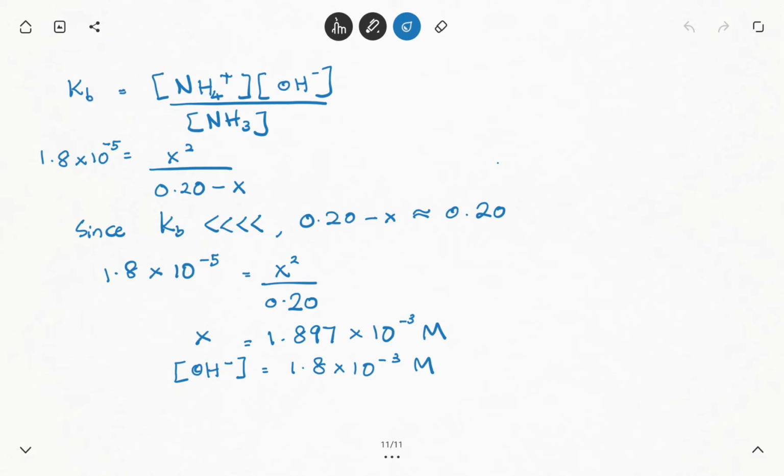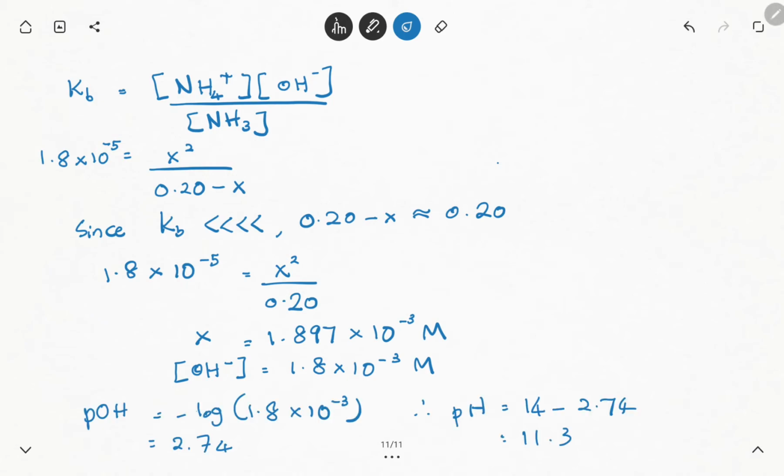Here we can use the assumption because the Kb value is very small, 1.8 times 10 to the power of negative 5. So we get the X value, which is the concentration of OH- equals 1.8 times 10 to the power of negative 3 molar. Then calculate the pOH value and calculate the pH of NH3. Okay, we get the pH of base NH3 as 11.3.